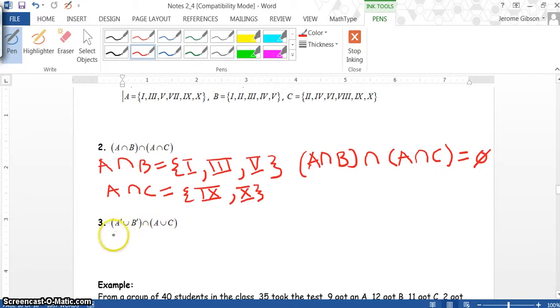Now we go here. We have A prime or A complement union B complement intersect A union C. So now first, let's take a look here.